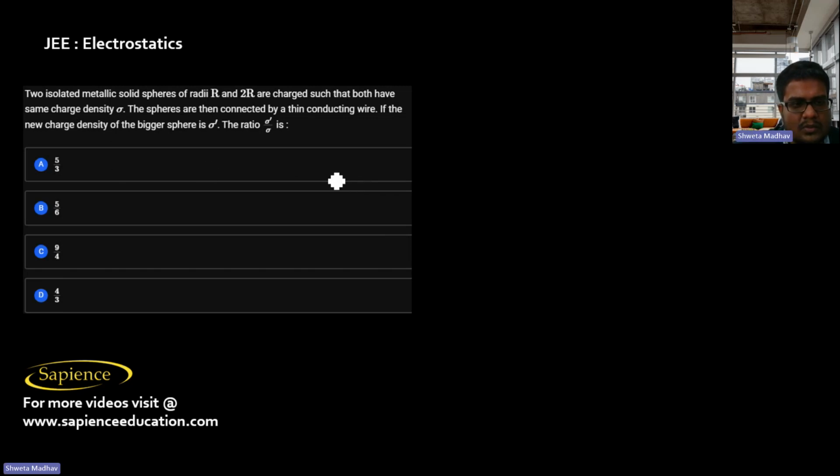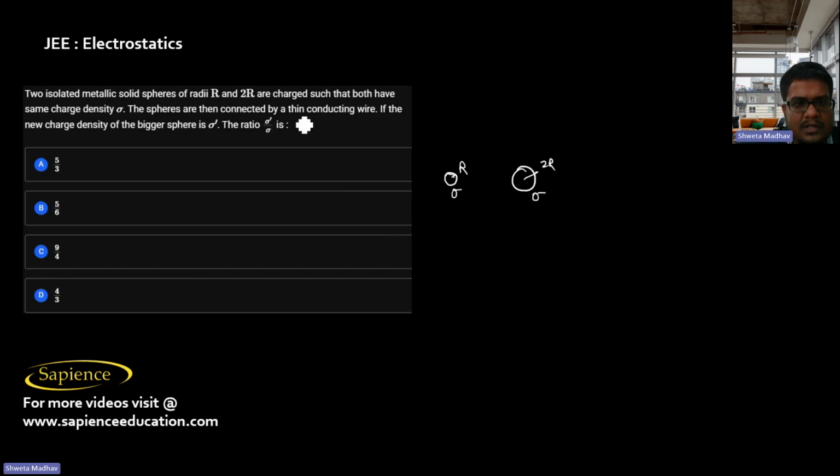So here it is told: two isolated metallic solid spheres of radii r and 2r, charged such that both have the same charge density sigma.